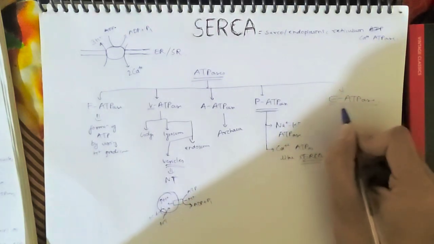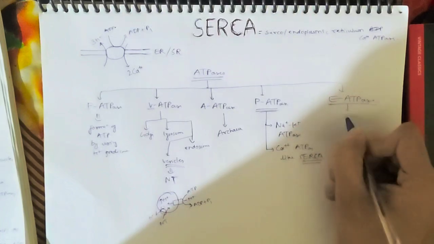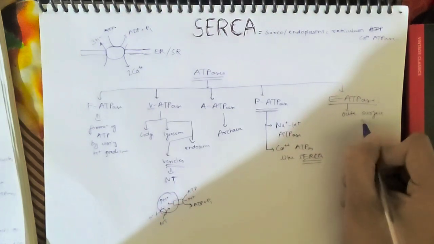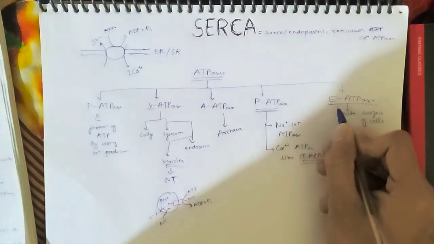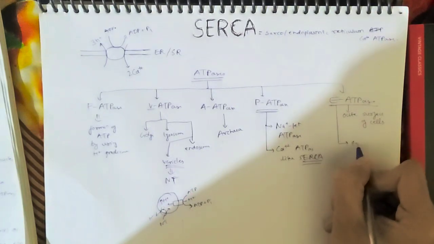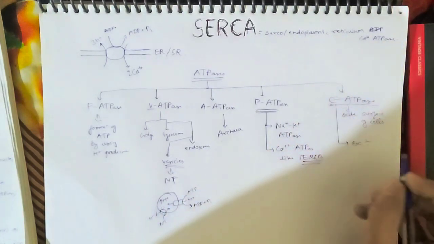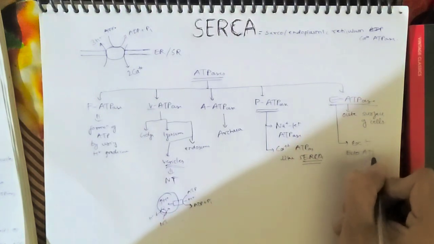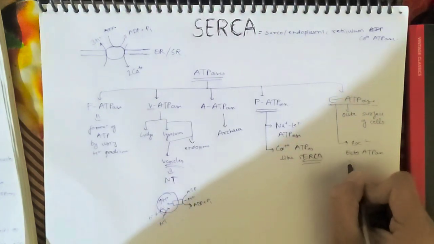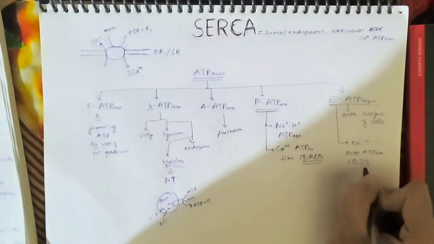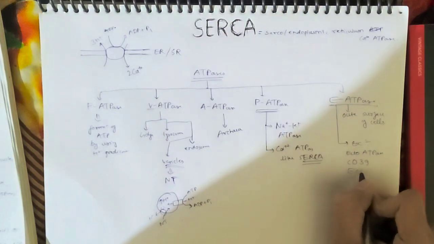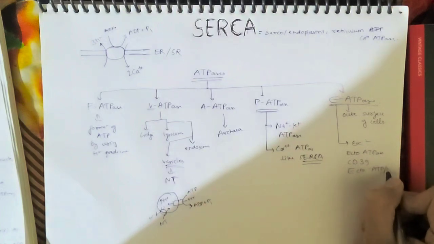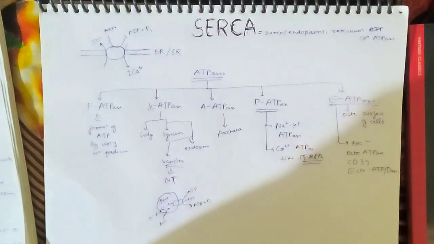These are E-ATPases. These are present on the outer surface of cells. Examples include three main classes. One is ecto-ATPase, another is CD39, and then ecto-ATPDase.